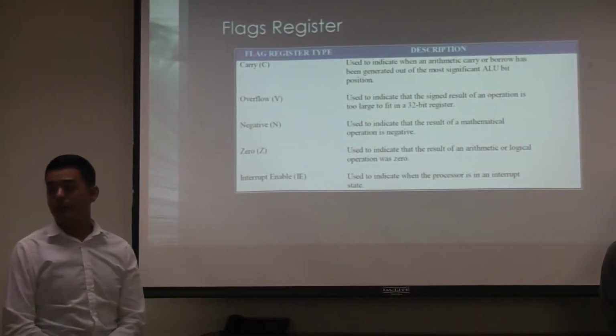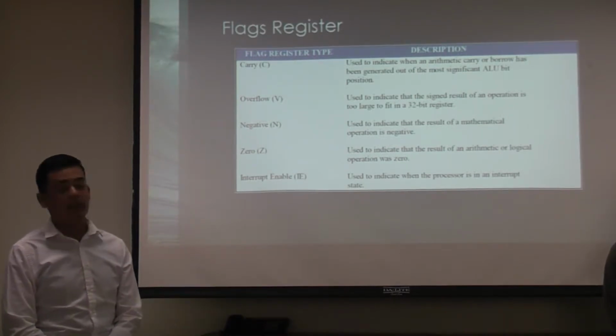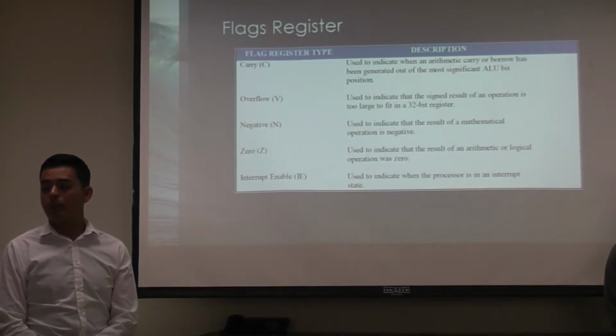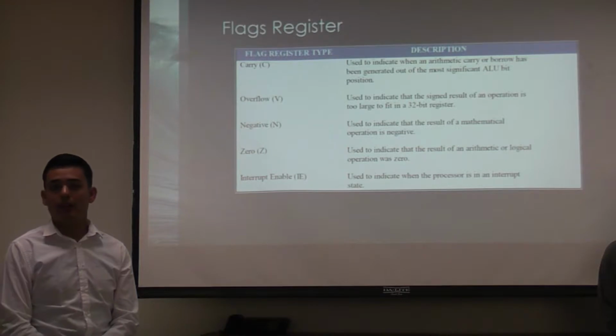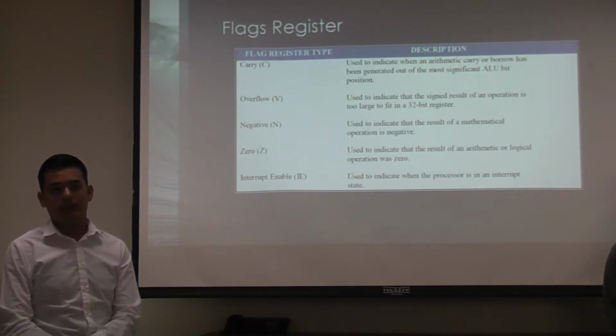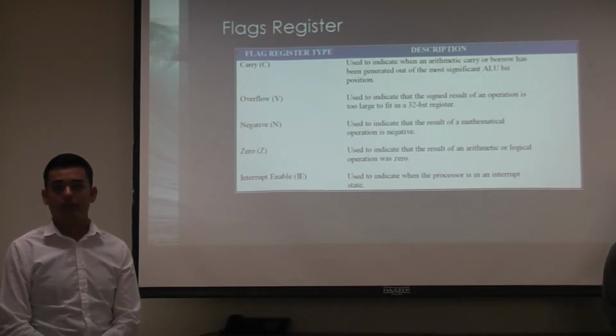We also have the flags register. Our flags register contains 5 different bits indicating the 5 flags that we have. The bit 1 is used as the carry flag, so that will be set whenever an operation sets the carry, like an arithmetic operation. We also have the overflow bit that will be used to indicate if an overflow has occurred.